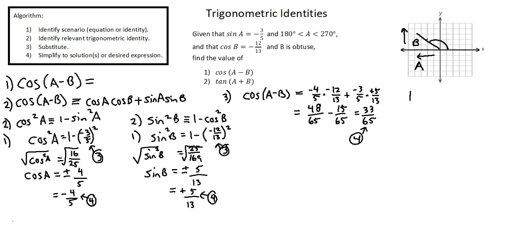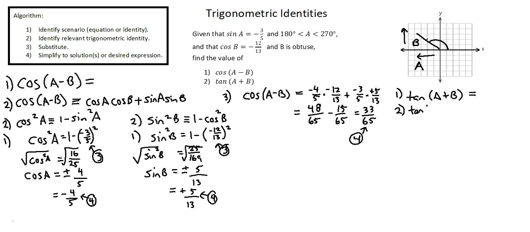Let's move on to requirement 2, which is tangent of A plus B. Step 1, identify scenario, equation, or identity. In this case, we are going to set up an equation. We need to identify in step 2 which relevant trigonometric identity we'll use for the equation. That's going to be compound angle identity with tangent and addition.